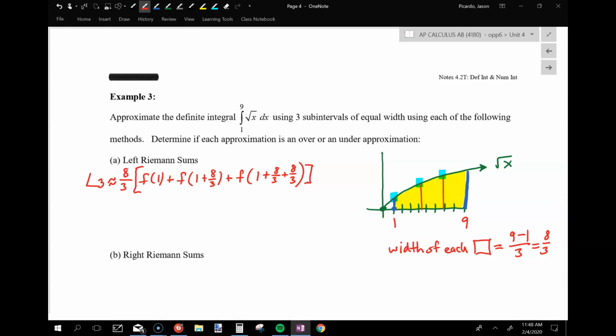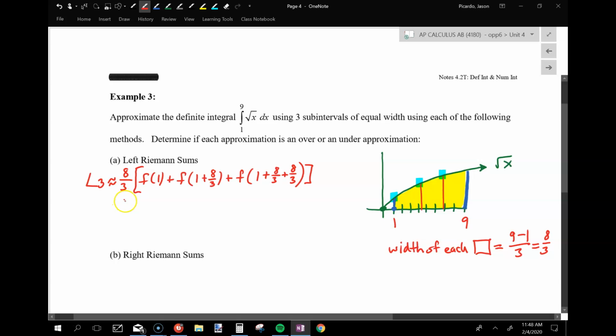Now we got to actually do it, right? All right, so that's going to be 8/3 times, well, what's the square root of 1? 1 plus, what's 1 plus 8/3? Well, isn't this 3/3? So 3/3 plus 8/3 is 11/3. What am I doing with 11/3?